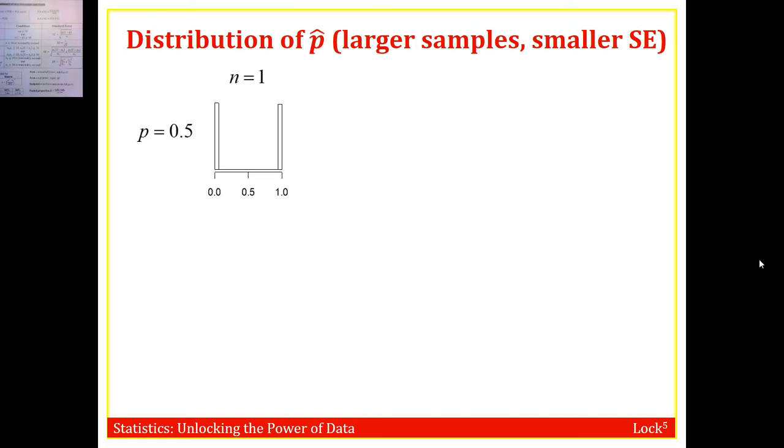If we truly have a p value of 0.5 and we take one sample, I could have a 0 or I could have a 1. It's a 50-50 chance, heads, tails, yes, no. Either I got it right or I got it wrong. But if I sample 10 times instead, I start to see a much truer picture of that center of 0.5.